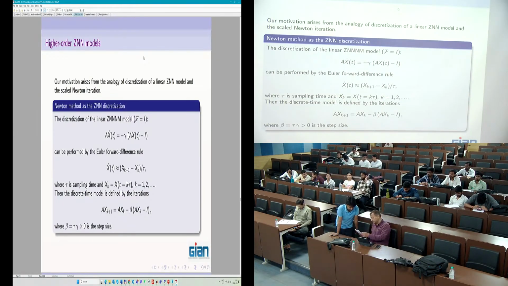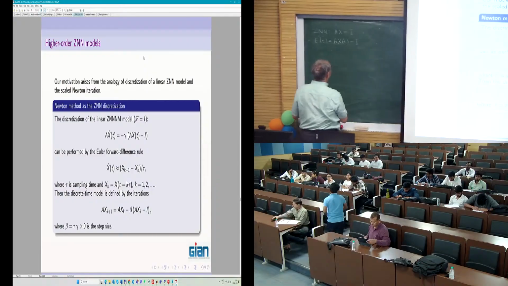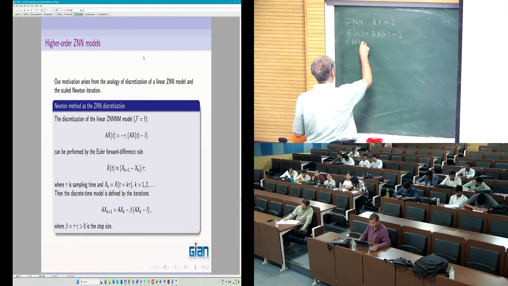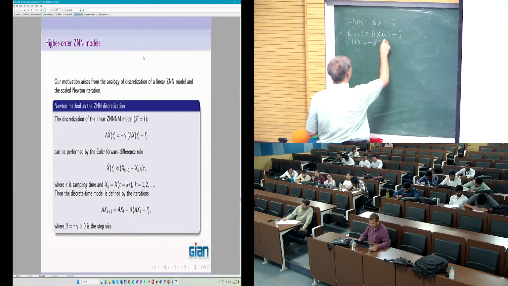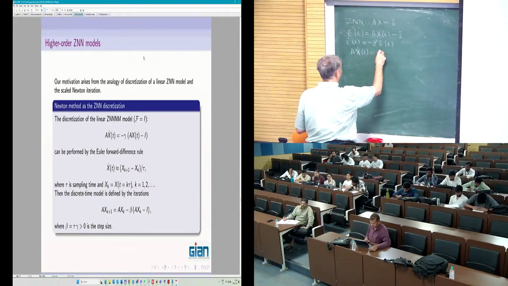There is also one explanation about high order ZNN and why the ZNN model for solving equals I is defined as E dot of t minus gamma E of t equals 0, that is, minus gamma.